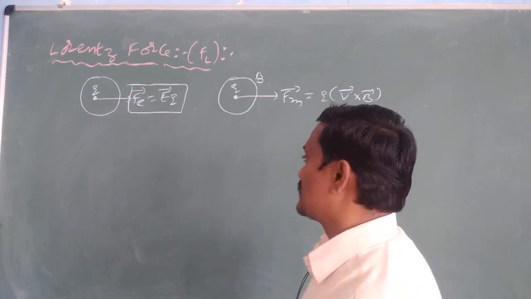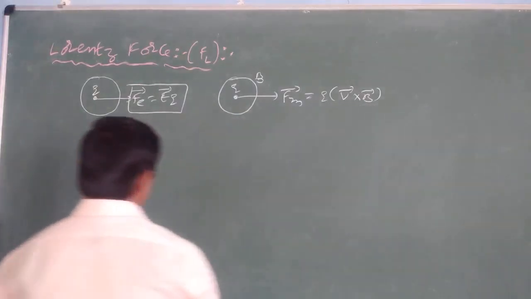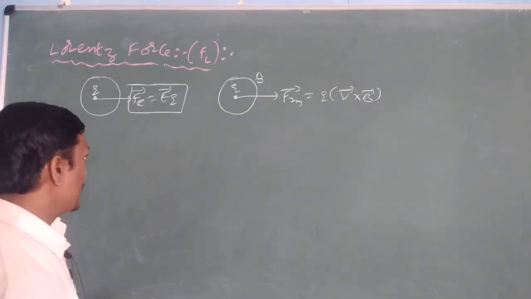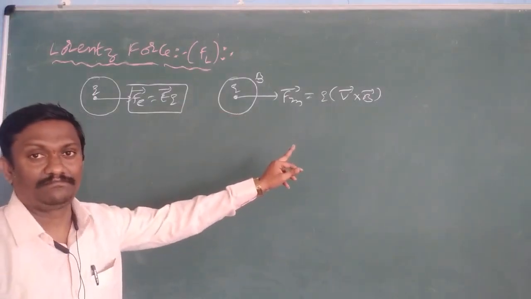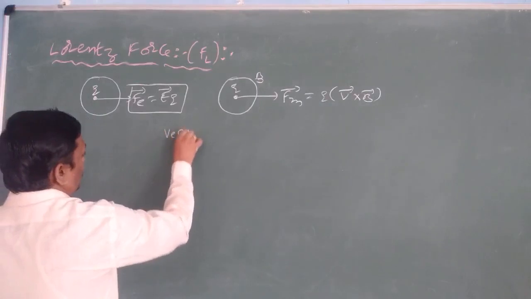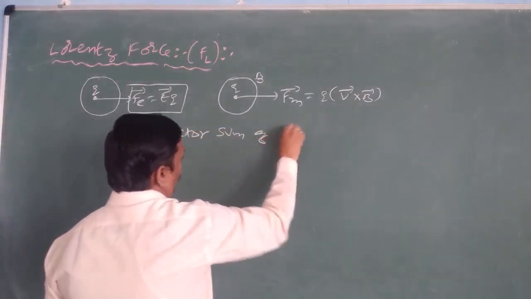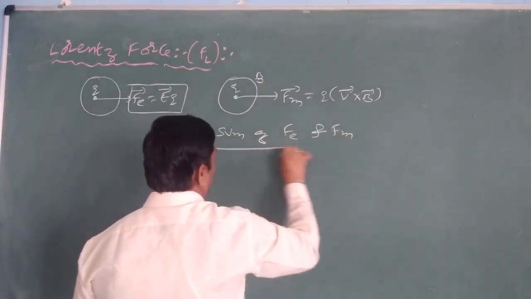If any charge is moving simultaneously under the influence of an electric field as well as a magnetic field, then the charged particle experiences electrical force as well as magnetic force. So the Lorentz force can be defined as the vector sum of electric force and magnetic force.